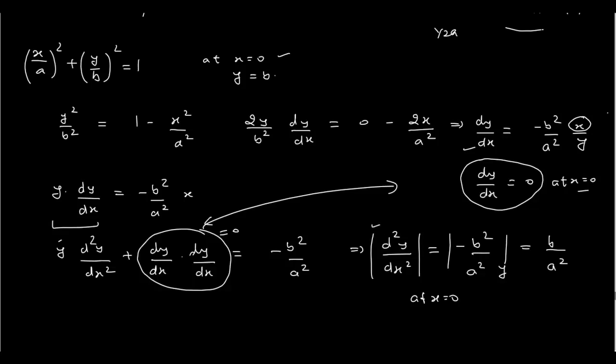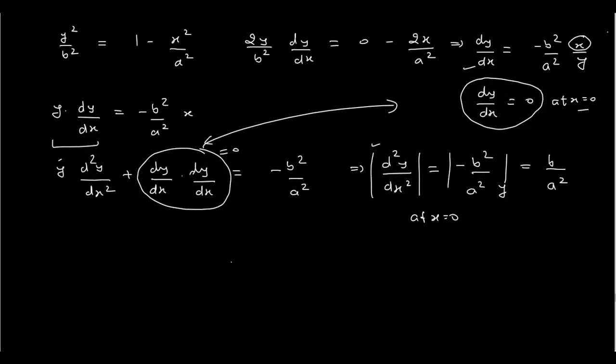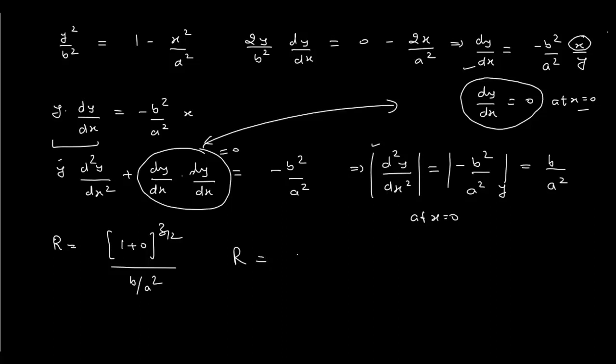So finally the radius of curvature is equal to 1 plus 0 raised to the power 3 by 2 divided by the modulus of the second derivative of y with respect to x, and that is b by a square. And from here I can write r as a square by b.